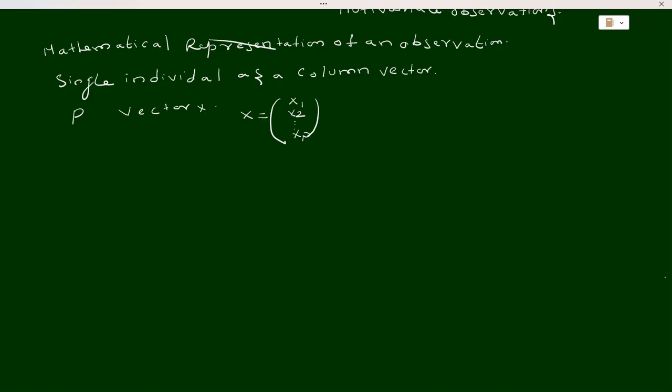For example, if we consider i is equal to 2, then it is X2. Geometric interpretation: each vector X is viewed as a single point in the p-dimensional Euclidean space. So this is the way to represent the observations in mathematics.